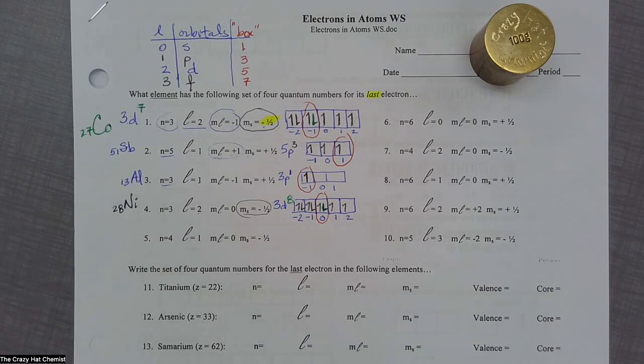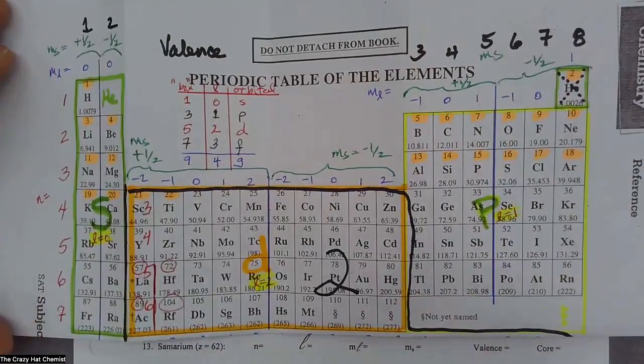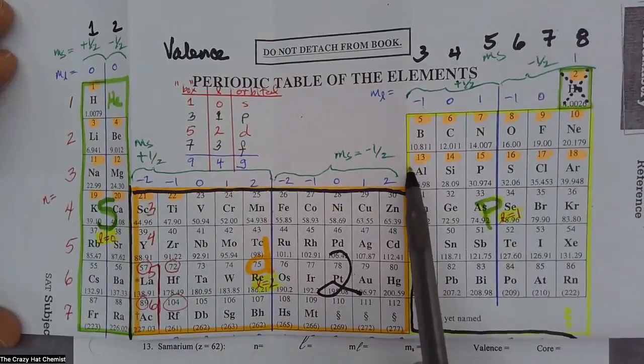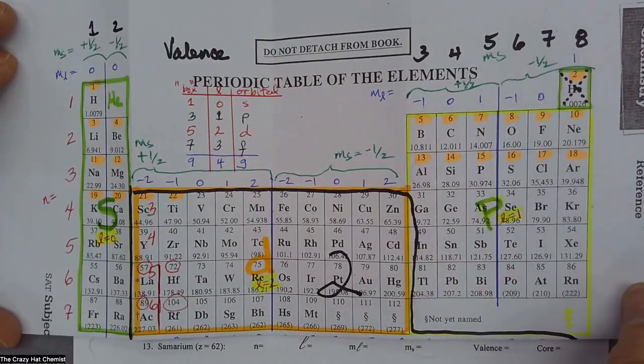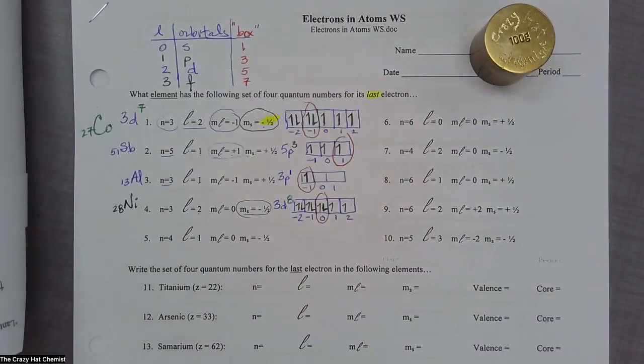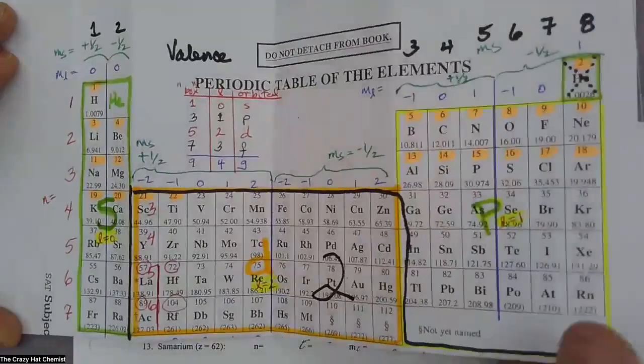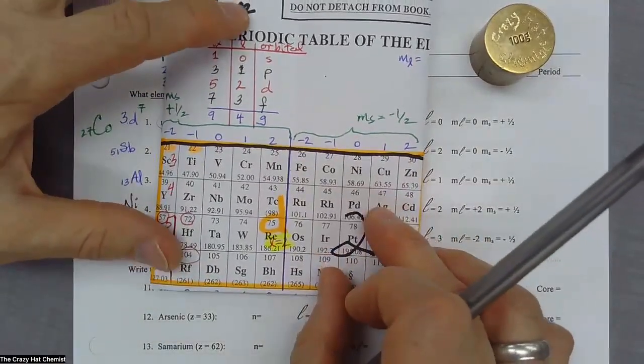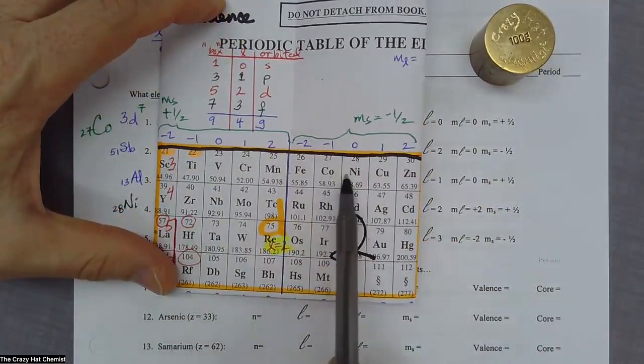Perfect. So let's see if we can use our periodic table to answer this. It's n of 3. So n of 3 limits it to the following 2, the following 10, or the following 6. That's just the n of 3. When it says l of 2, then I have limited it even further, and now I am looking at just these 10 in the n of 3.